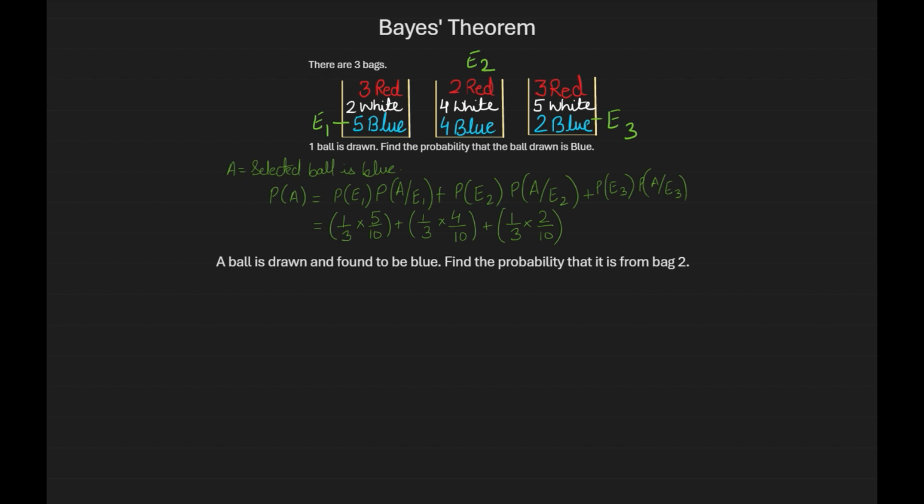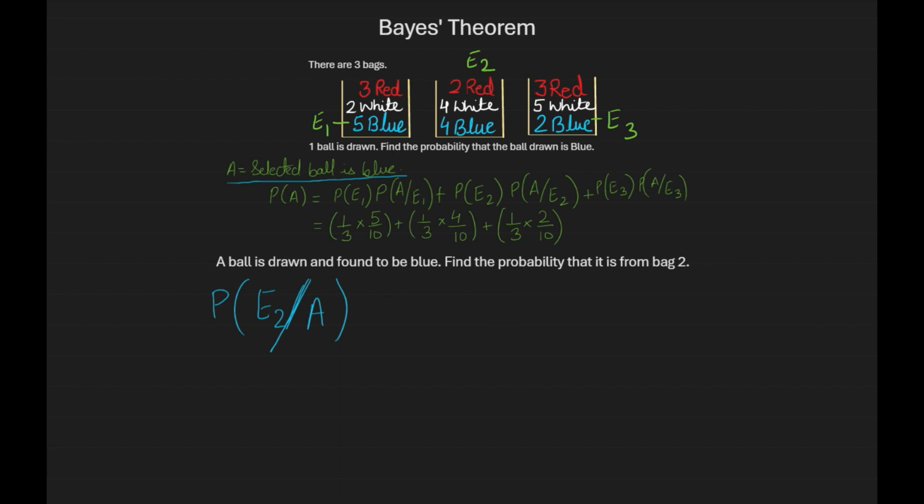So we have to write the probability of E2 given that the ball is blue, and the event for the selected ball being blue is A. So A has already happened, it is given, and we need to find that it is from bag 2, the event E2. Now let's remember the conditional probability formula.